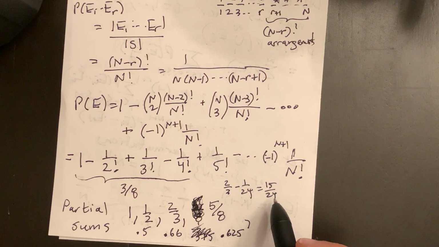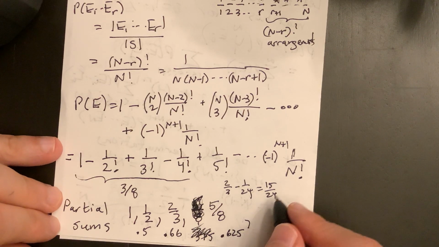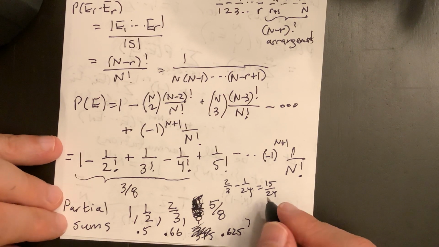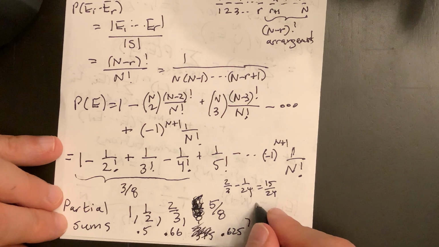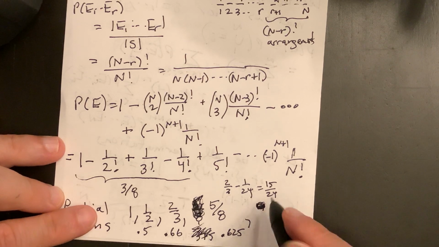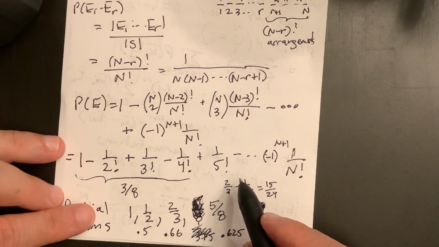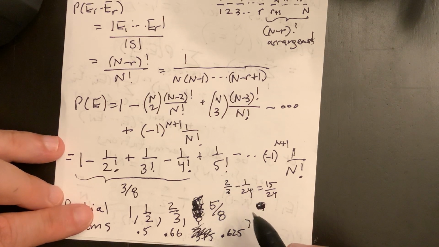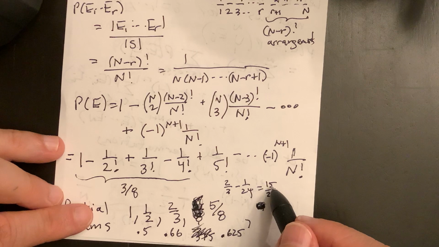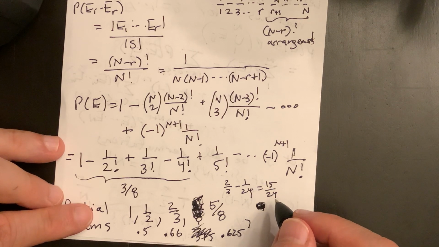So 15 over 24 plus 1 over 120 is 75 plus 1, 76 over 120.